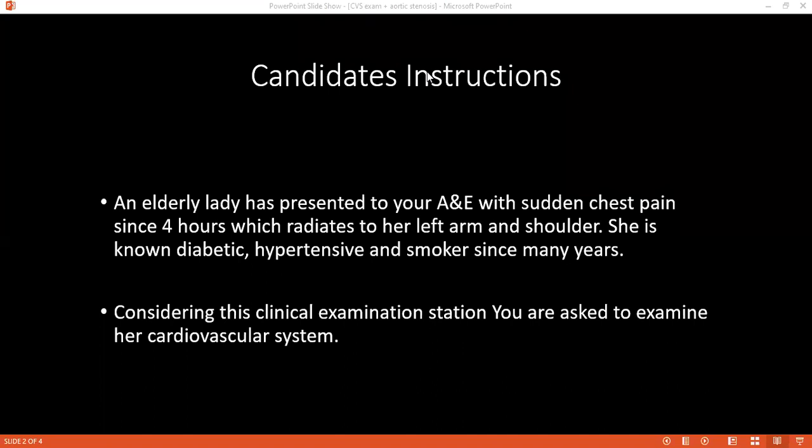In aortic stenosis, there will be an ejection systolic murmur in the second right intercostal space, accentuated by leaning forward and propagated to the carotid area.